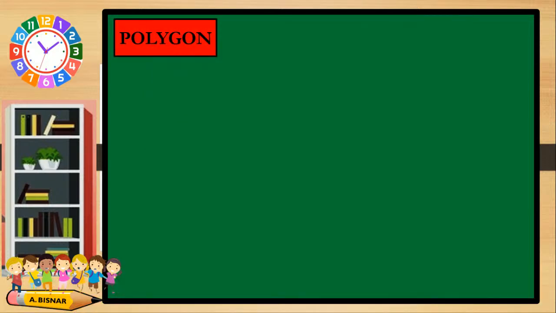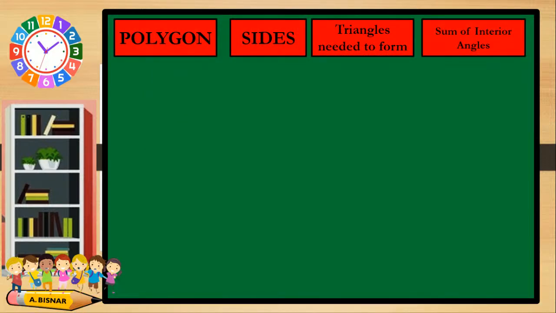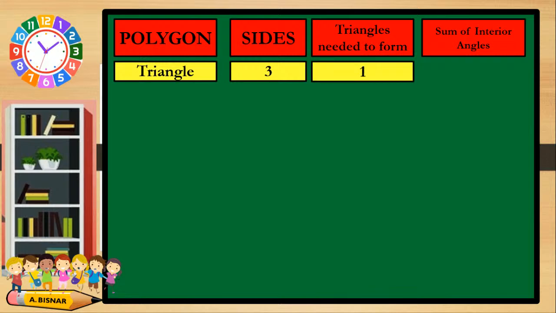Okay? Now, okay, wait lang ha. Ayan. So let us try to complete the following table. Okay we started with triangles. So a triangle has 3 sides, right? And to form a triangle, you just need 1 triangle. And what is the sum of interior angles of a triangle? Type your answers.